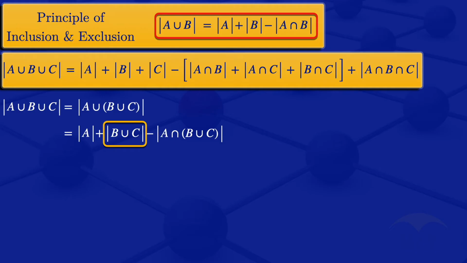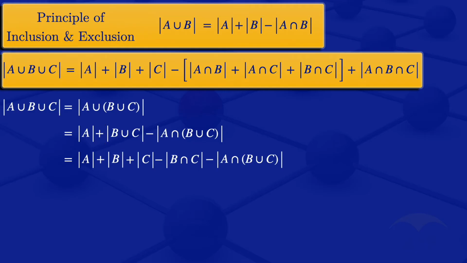Where we had the A, we'll replace with the B. Where we had the B, we'll replace with the C. So our expression becomes the cardinality of A plus the cardinality of B plus the cardinality of C minus the cardinality of B intersection C minus the cardinality of A intersection B union C. So that's the expression that we have now.